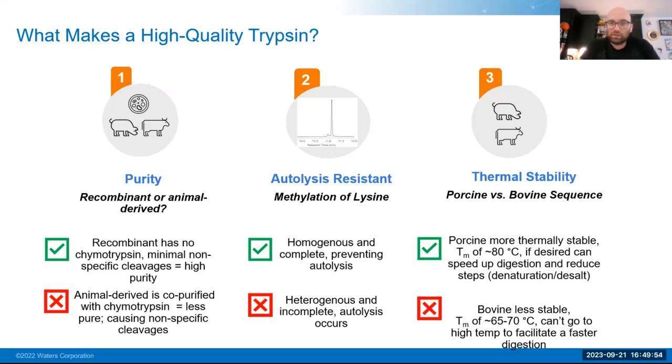So how can we speed the process up? How can we minimize any off-target digestions and minimize the actual self-digestion, the autolysis of trypsin, to minimize a lot of the artifacts that complicate the data analysis?